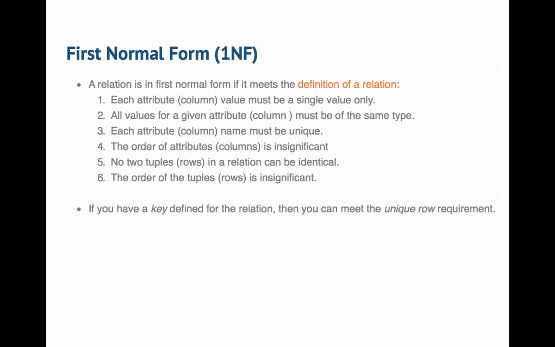So in the first normal form, how do I say that the relation is in the first normal form? If it meets the definition of a relation, which is what we saw in the beginning of the session. So first of all, it has to be a relation.